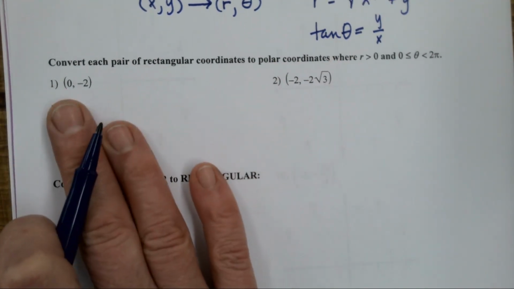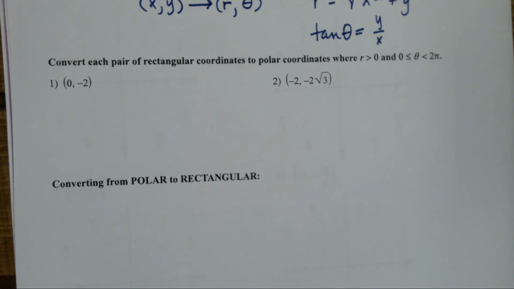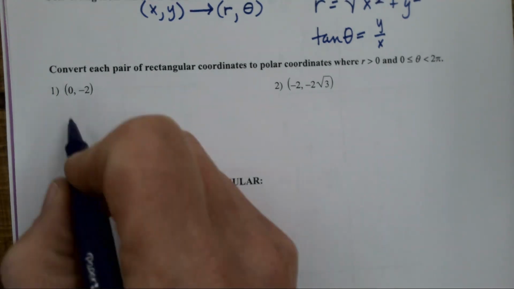Number one, I can tell theta immediately. I know what theta is. I don't have to do any math. What is theta and how do I know? Three pi over 2. Are you magic? How do we know that?